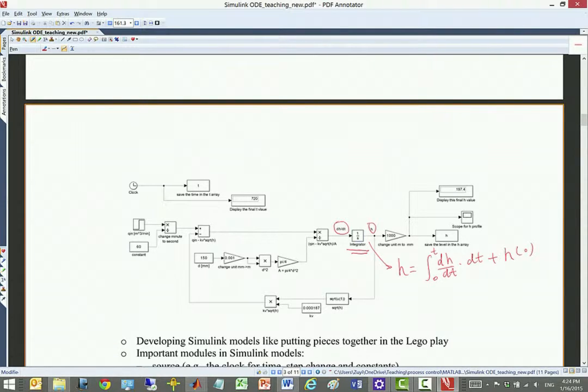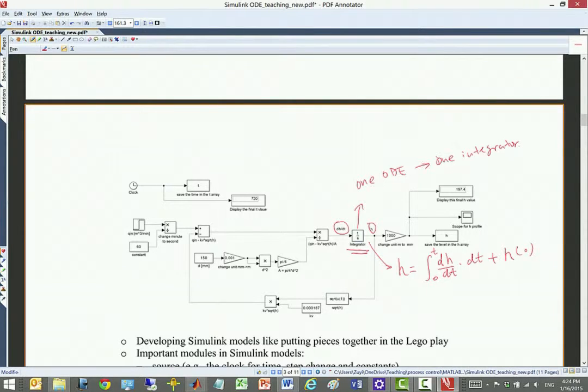This is how we represent the equation: one ODE, the first equation, gives you one integrator.